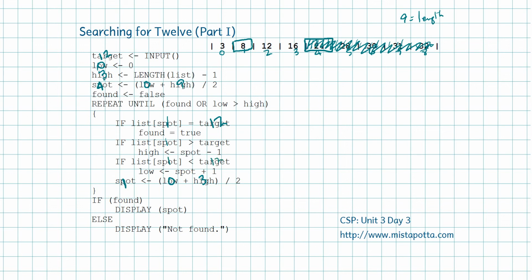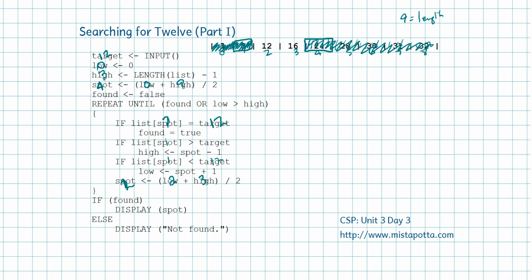So that means my low end is going to move up. It's not in box 1, and it's not anywhere before box 1 in our list, which means this is now our new low end. So low is now 2. 2 plus 3 is 5. Half of 5 would be 2.5, so let's just call that 2, and we're going to look in box 2.